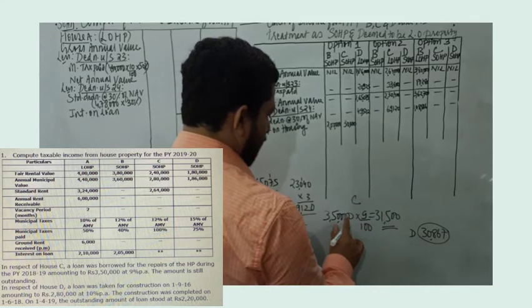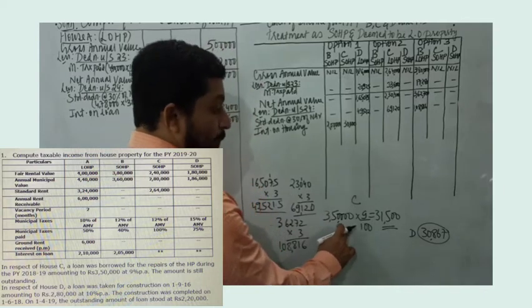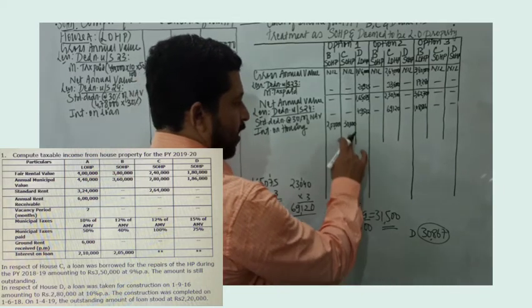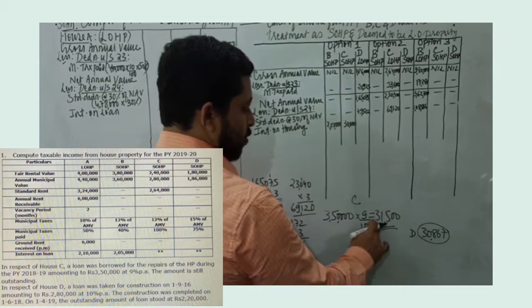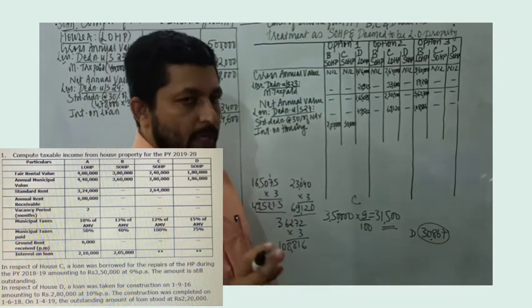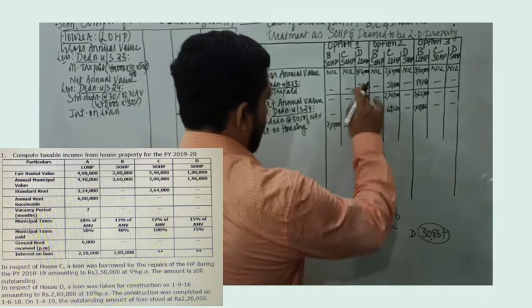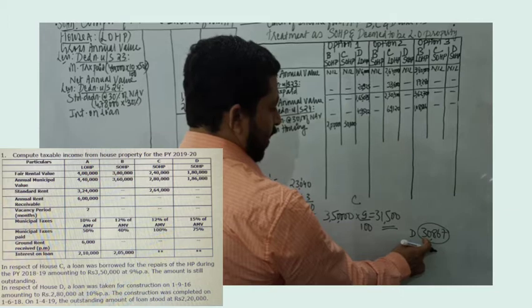Though the interest paid is 31,500, since this is borrowed for repairs, the maximum is 30,000 if it is a self-occupied portion.